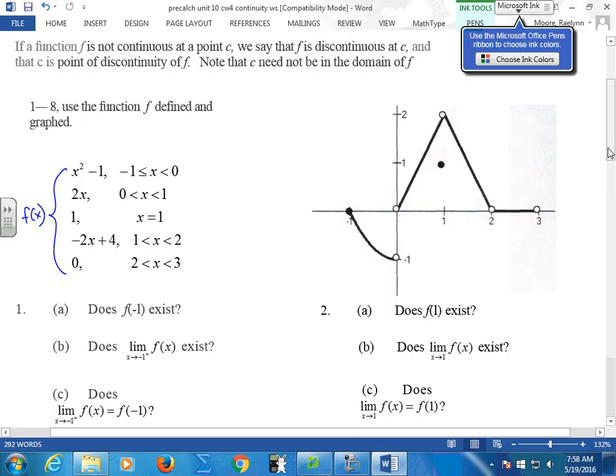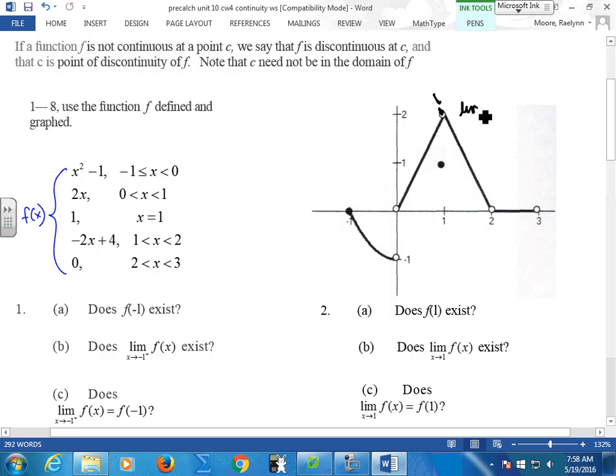This point, again, will make this continuous if we find the value of this. The limit as x approaches 1 is what? What would that y value be? What's this y value? 2. What's f of 1? 1.